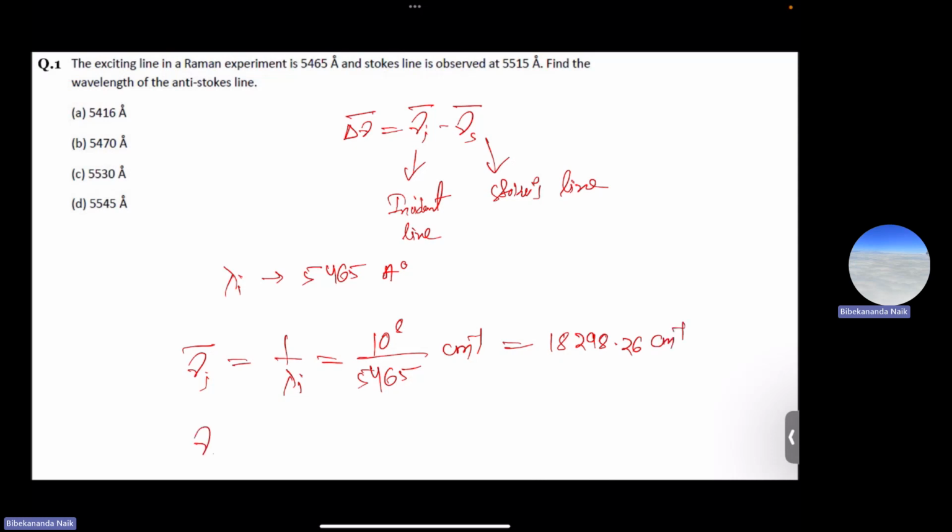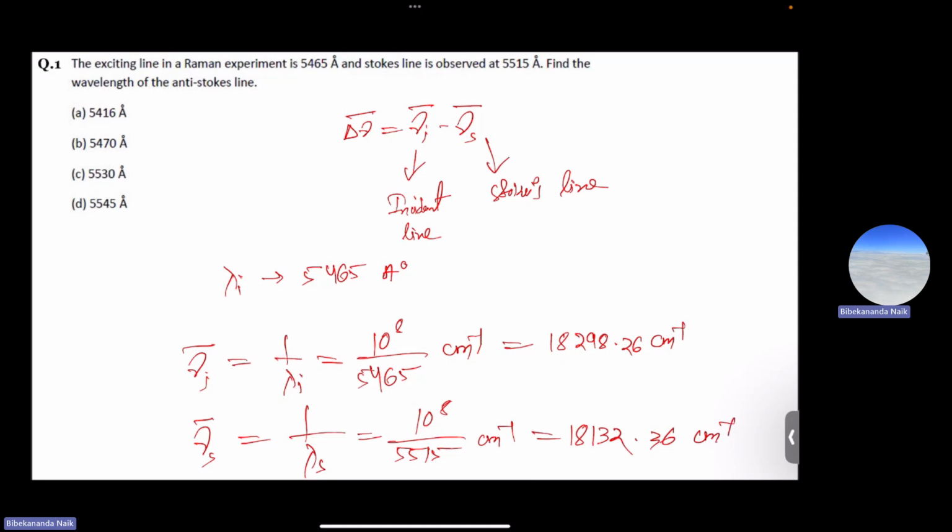Now, similarly, nu s bar will be 1 by lambda s, which will be again 10 to the power 8 divided by 5515 centimeter inverse, which is equals to 18132.36 centimeter inverse.